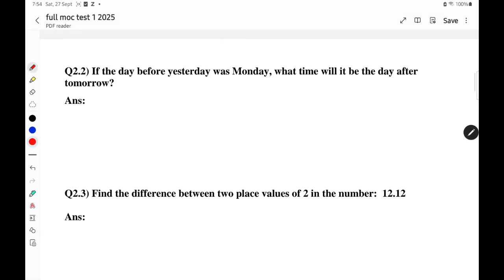আচ্ছা, নেক্সট, ইফ দ্য ডে বিফোর ইয়েস্টারডে ওয়াজ মানডে, দেন হোয়াট উইল বি দ্য day after tomorrow?